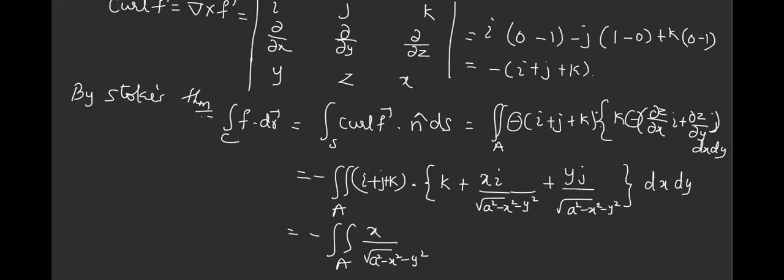What will you get here? Next, the coefficient of j: y upon the same quantity again. Next, the k coefficient, 1 and 1. Isn't it plus 1?